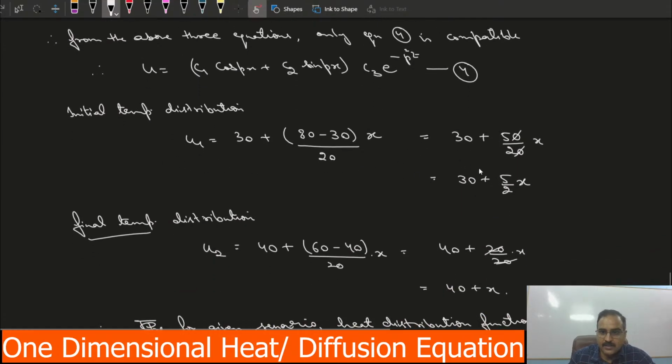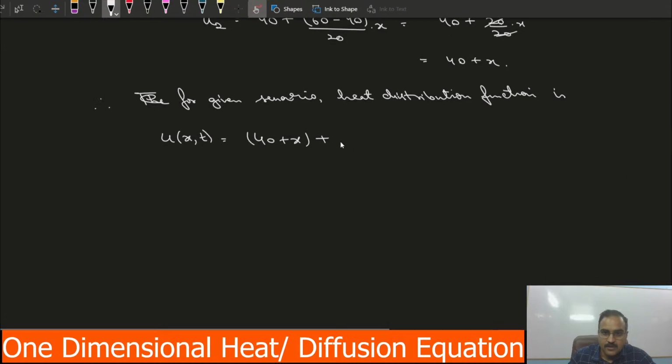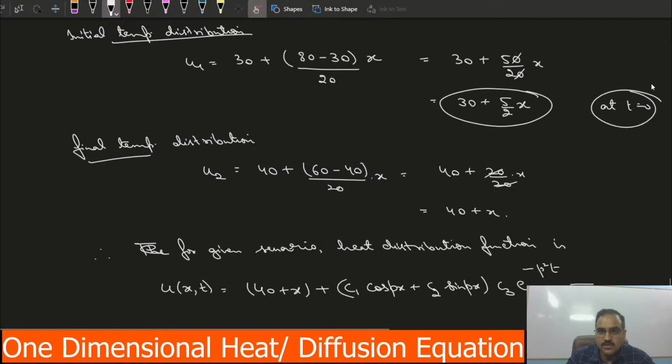Here we take this equation as the initial temperature, that means at time t equal to 0. This boundary condition will be used for that part. Plus c1 cos of p x plus c2 sine of p x into c3 e raised to power minus p square t. That will be equation number 5.